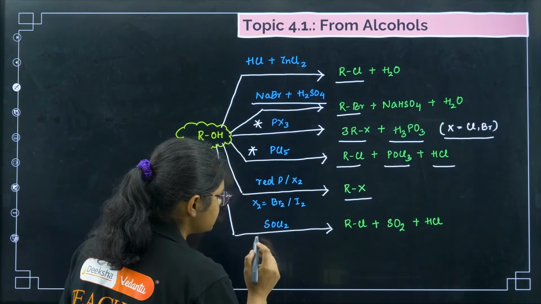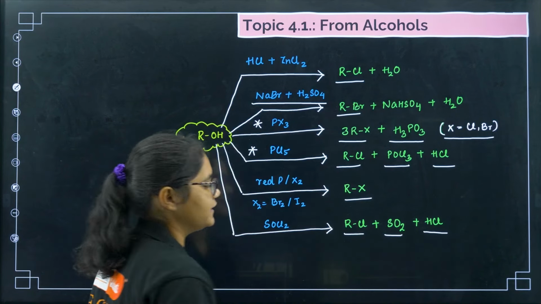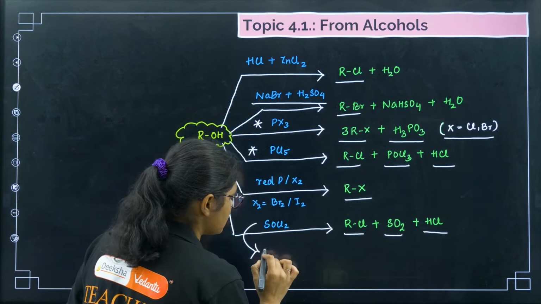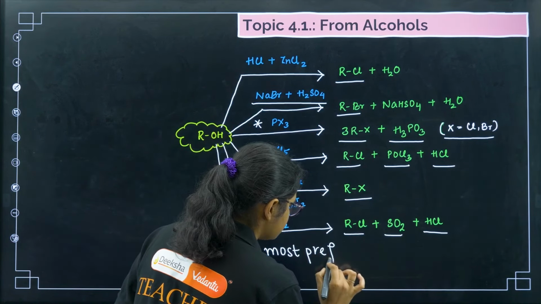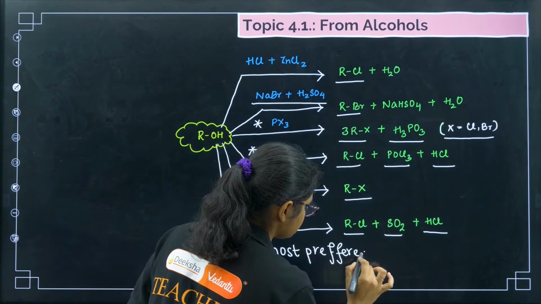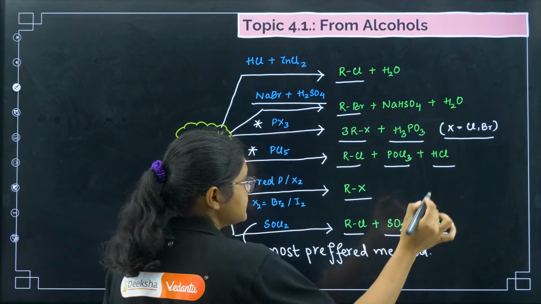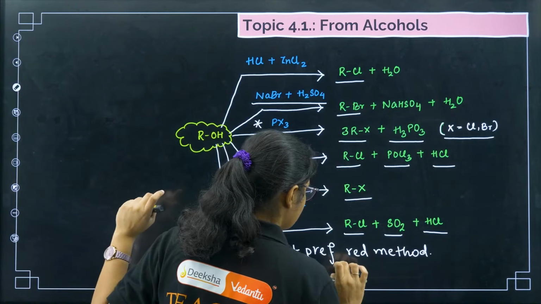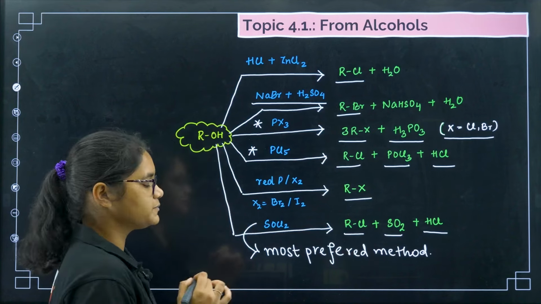So this is called SOCl2. If we use it, we will get RCl plus SO2 plus HCl. Now remember that this method of preparation is the most preferred method. Now why is this the most preferred method?